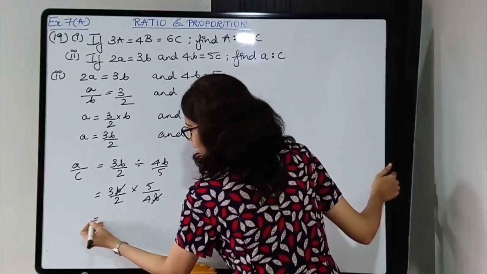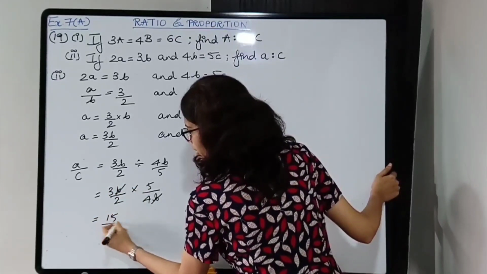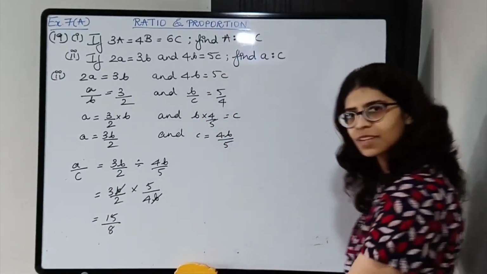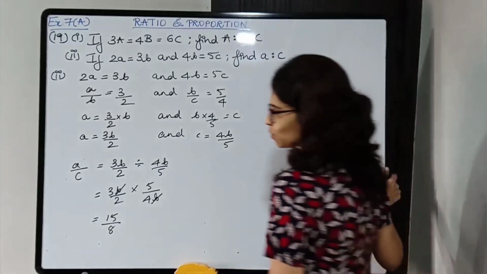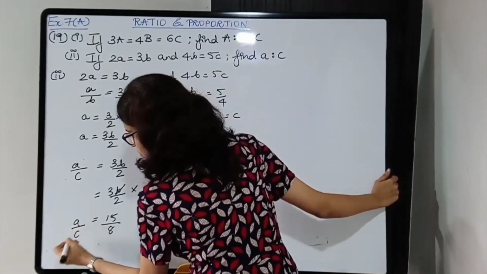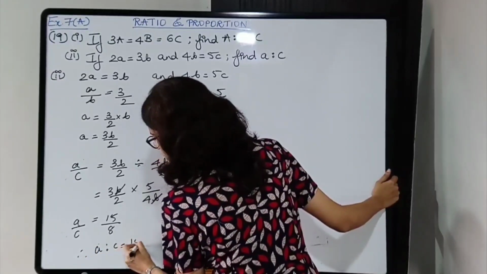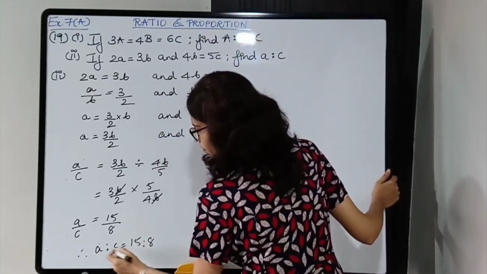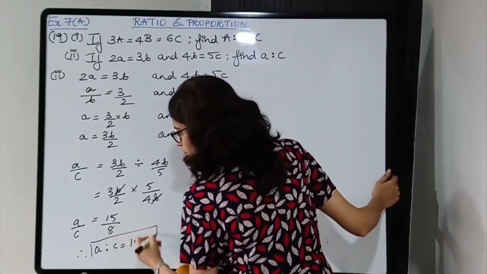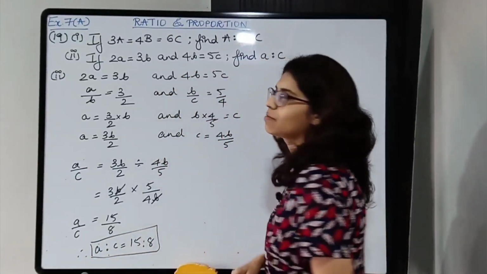B gets cancelled, you're left with 15/8. Again same answer. So you can use this method, students. Okay, A/C is equal to 15/8. Don't forget to write it in this manner. Box this.